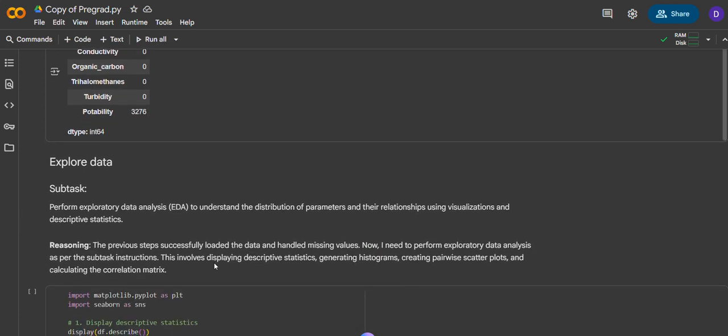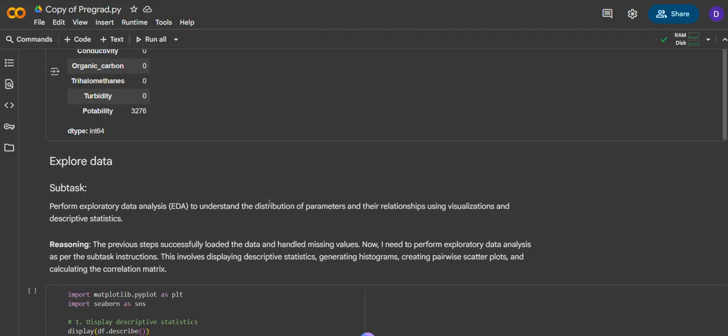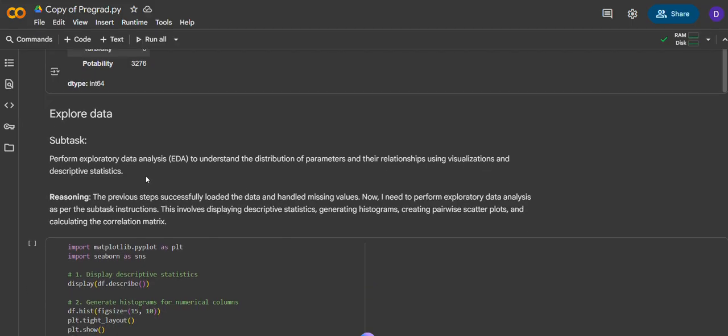Next, the second step and the very crucial step, explore the data. What do you mean by explore the data? It is a very important step for data analysis, to understand the distribution of parameters and relationships using visualization and descriptive statistics. What does this signify?